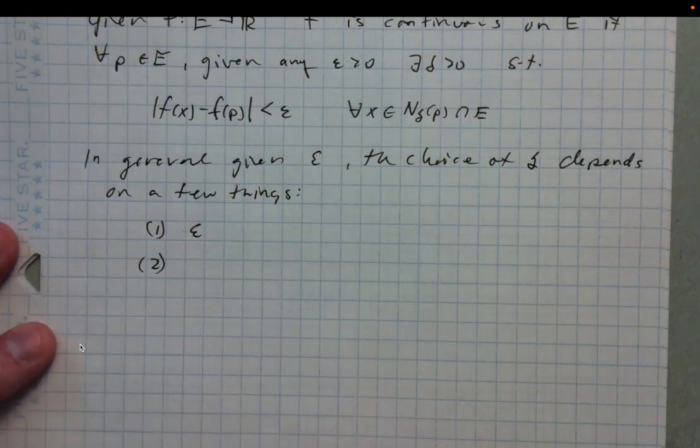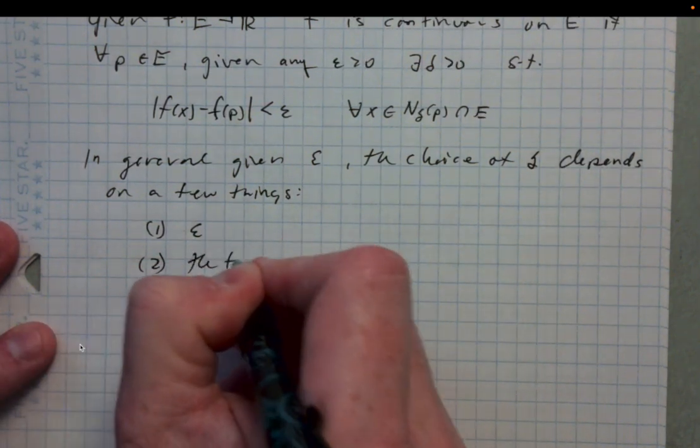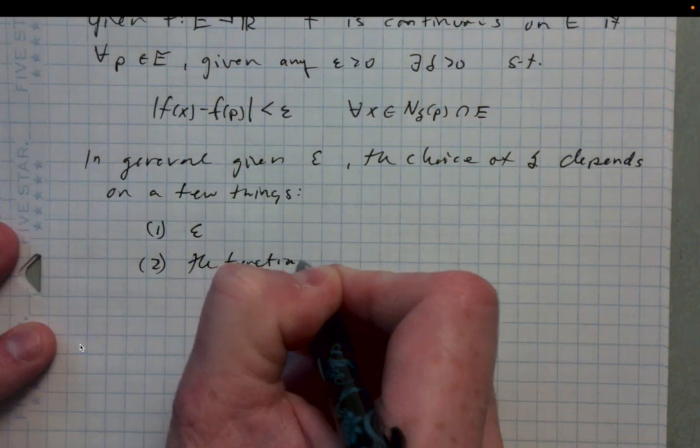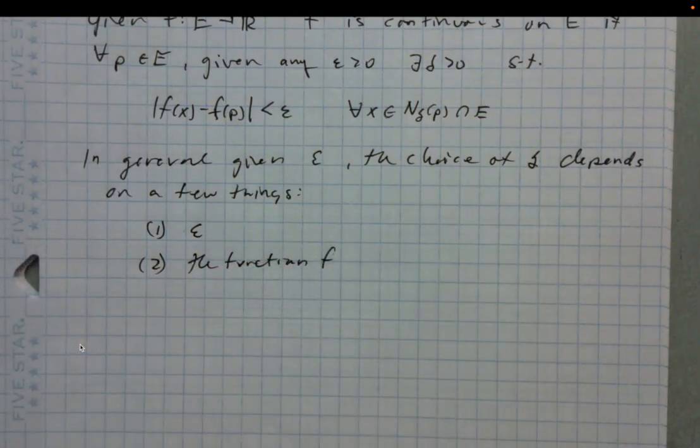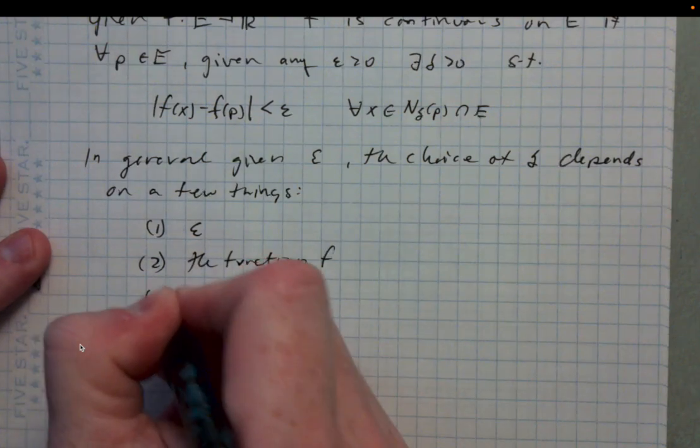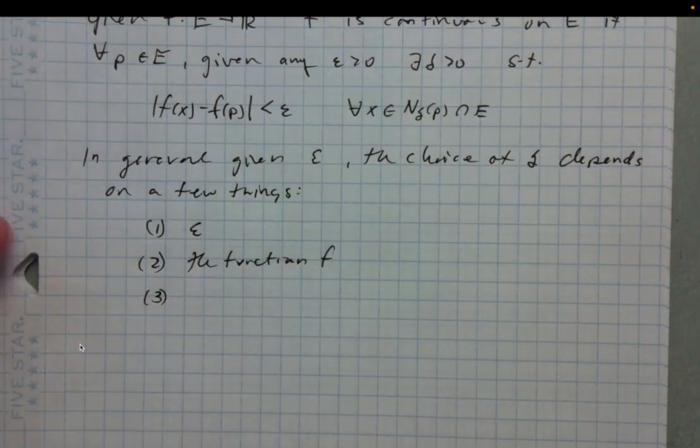Another thing it depends on is the function. If f equals x squared, or f equals square root of x, or f equals sine of x, or some rational function, whatever the function happens to be, that's going to influence my choice of delta also. So epsilon matters, the function f matters. And thirdly, we frequently see that the point in question matters.